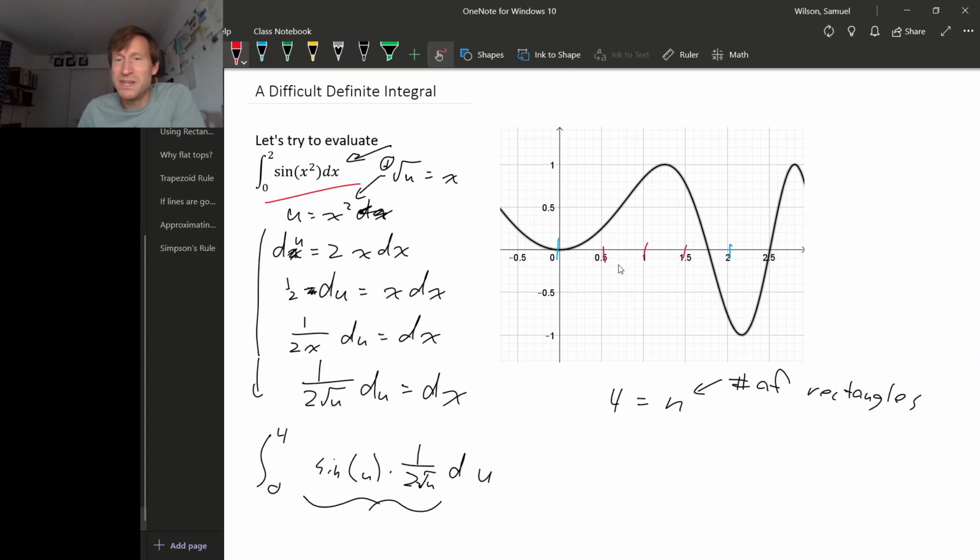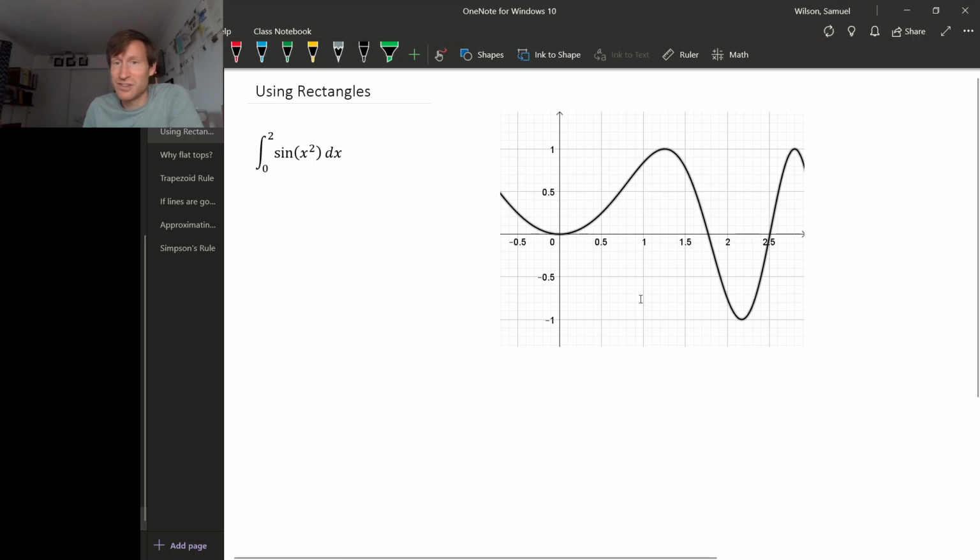And on each piece we put a rectangle, and we have to decide how we choose the height of that rectangle. There are 3 main choices for how to choose the height of the rectangles in this kind of situation. Again, we have n equals 4 rectangles, breaking up our interval like this.